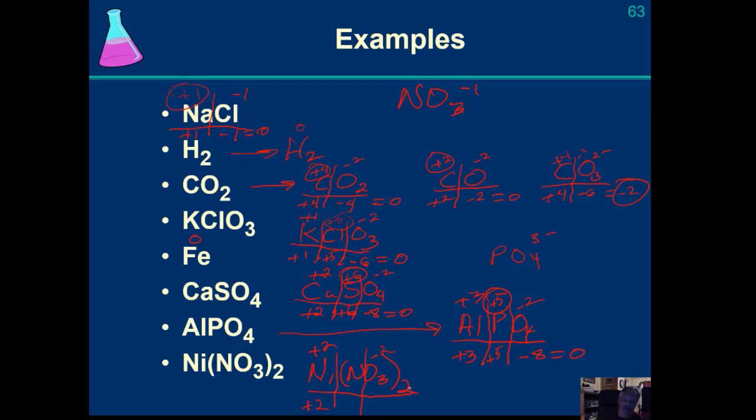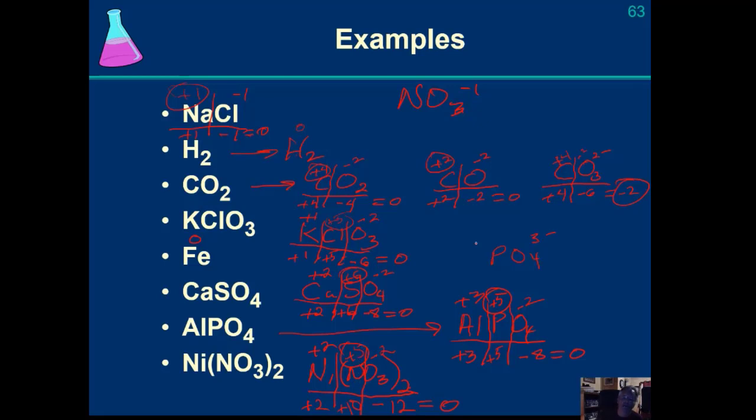I have 2 times 3, which is 6, times a -2, which is -12. That means that this has to be a +10 to add up to the +2, and then the -12 to give me 0. But I have 2 times 1 nitrogen, so I split that +10 up, and that gives me +5 oxidation state for the nitrogen.